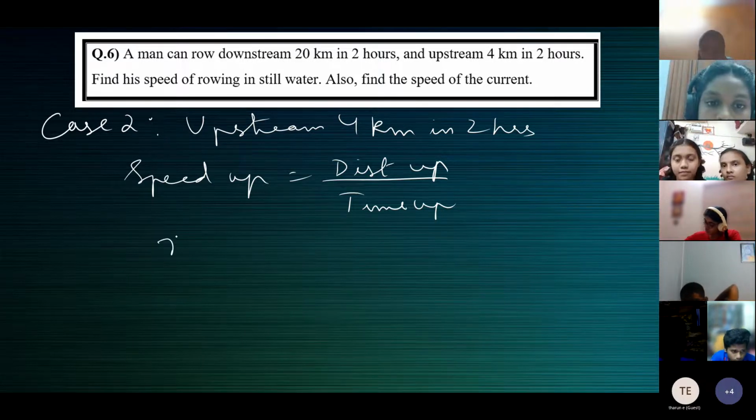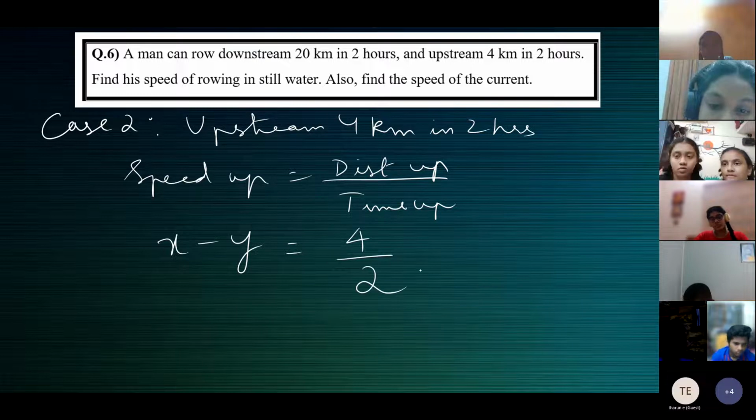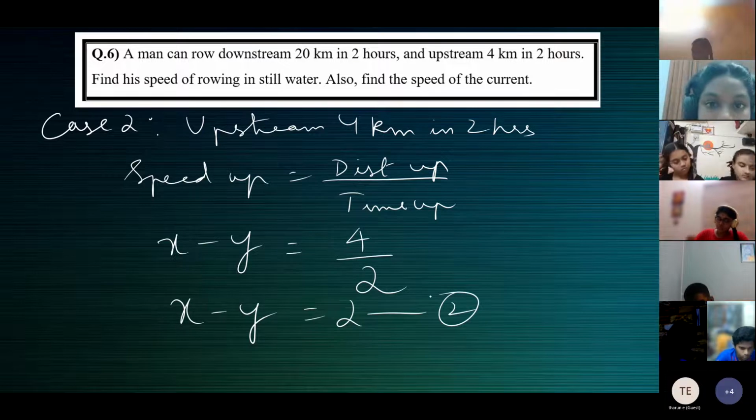What's the distance covered upstream? 4 kilometers. What's the time taken upstream? 2 hours. So x minus y is equal to 2, the second equation. Now solve the two equations and get the values of x and y.